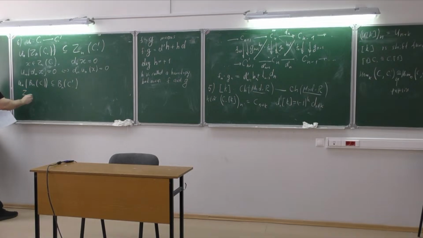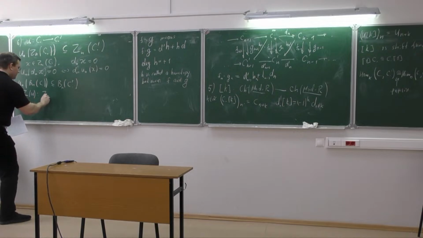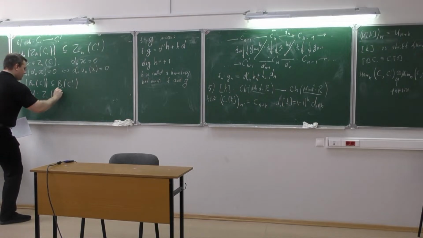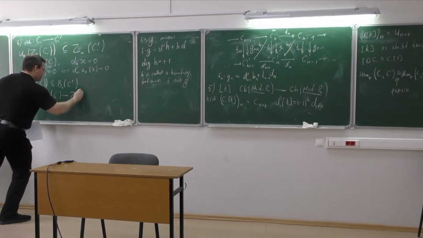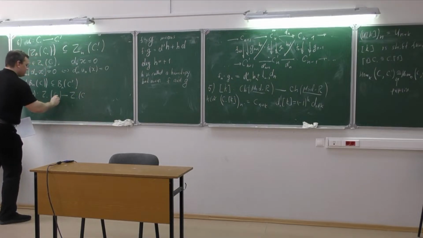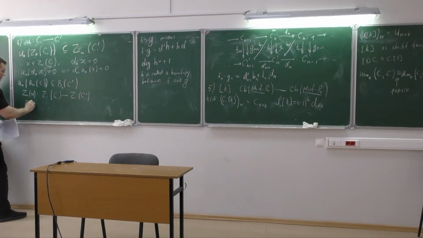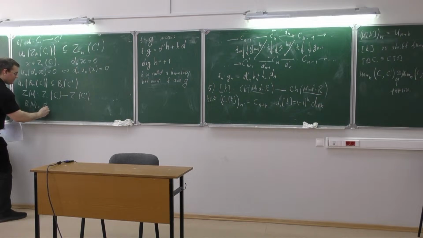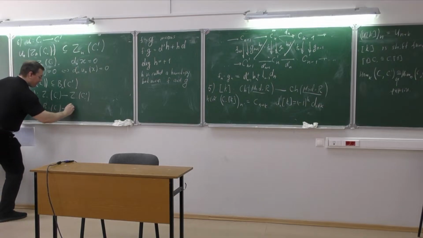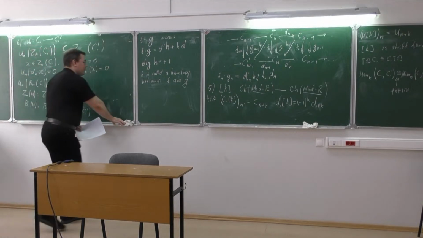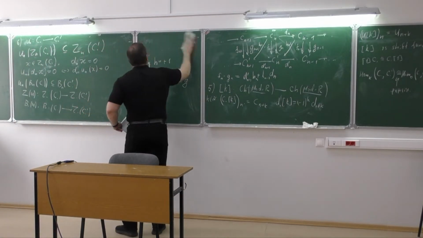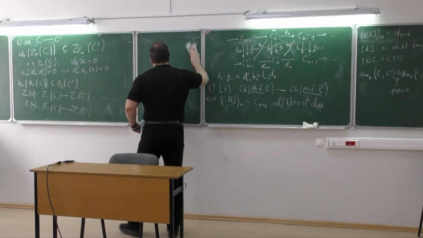So I'm going to call this z of u, and this will be the map from the cycles in the first complex to the cycles in the second complex. And also there is map b of u on the boundaries. And since the cycles and the boundaries are preserved, we can also induce a map on the homology.